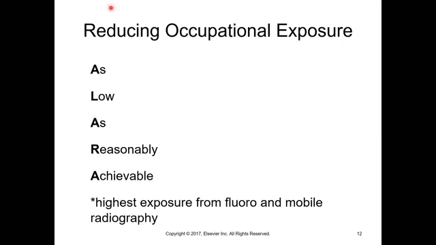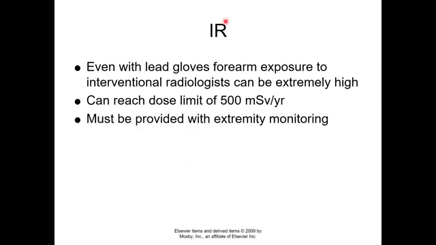So again, talking about ALARA, as low as reasonably achievable. Our highest exposure is from fluoro and mobile radiography, and that's for occupational workers. That's our highest exposure. General X-ray, we really don't get much. Again, I don't know if you remember from lecture, but in IR, those IR rads tend to get a lot of exposure to their extremities, so they usually have to wear a hand monitor or an extremity monitor.